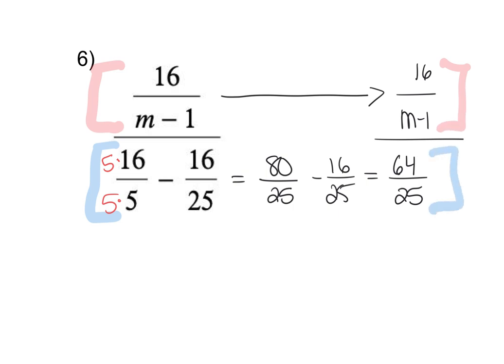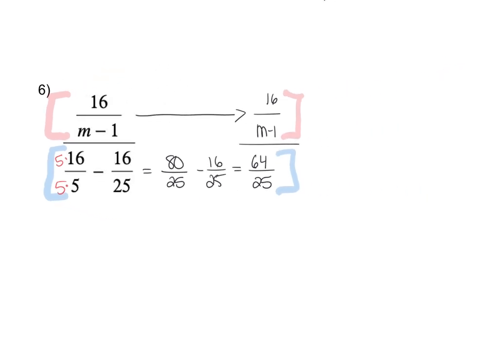Denominator. So now we're going to rewrite it as division. Numerator, 16 over m minus 1, divided by denominator, 64 over 25. Keep, change, flip. So keep this guy, change to multiplication, flip this guy.